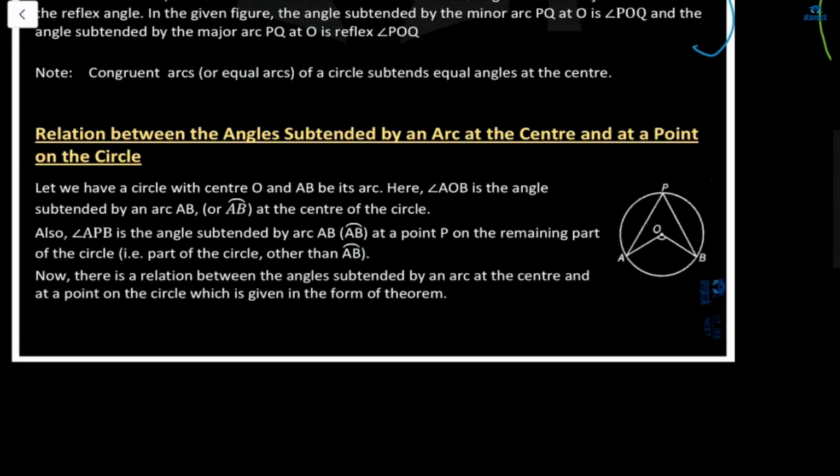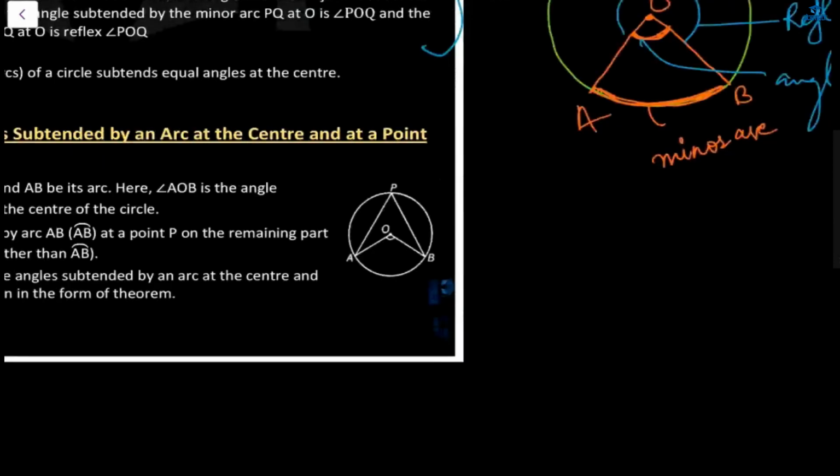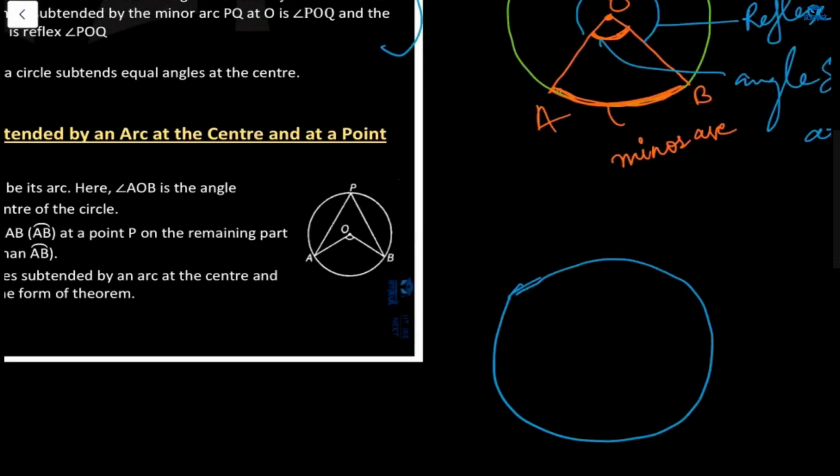Now, what is the relationship between the angle subtended by an arc at the center and at a point on the circle, meaning anywhere? You can see this is a circle. If I take an arc AB, we are talking about the relationship between the angle subtended by the arc AB at the center and at any point of the circle.